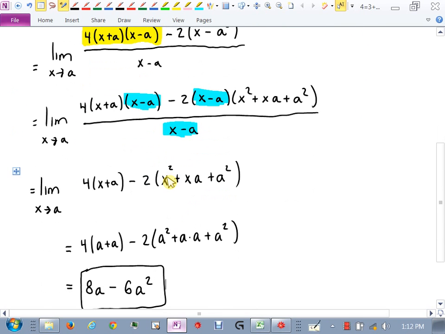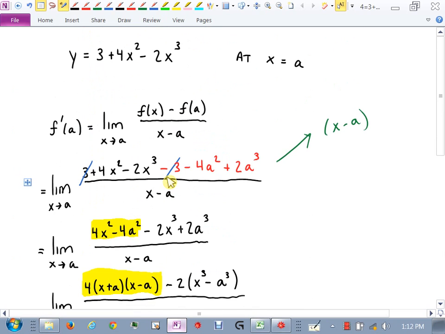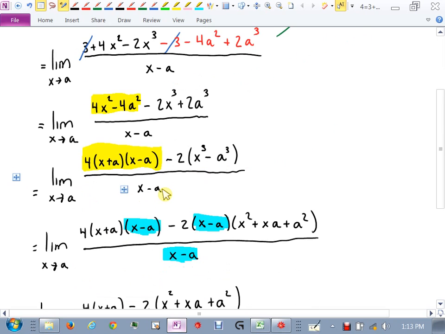It would be a disaster. Then throw some natural logs in there, or sine functions. So what happens is we find a way of coming up with rules and properties so that we can handle the bigger, more complicated, real-world things. Make sense? But for now, like I said, we're torturing ourselves with the limit definition.